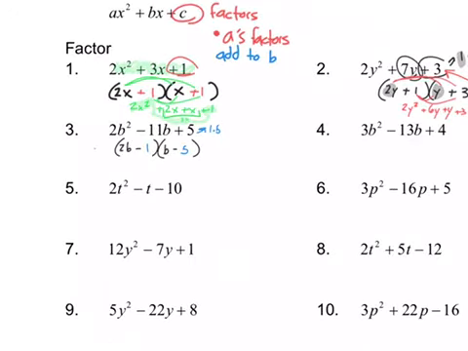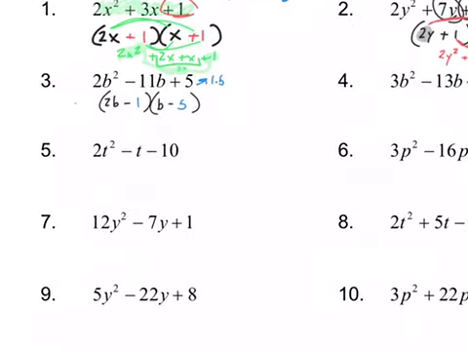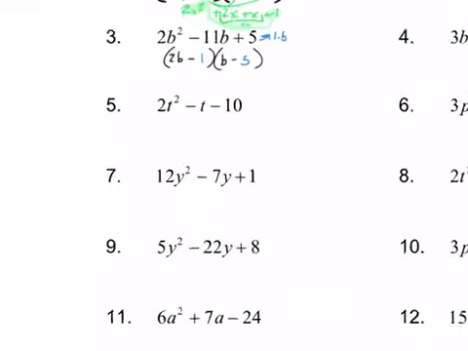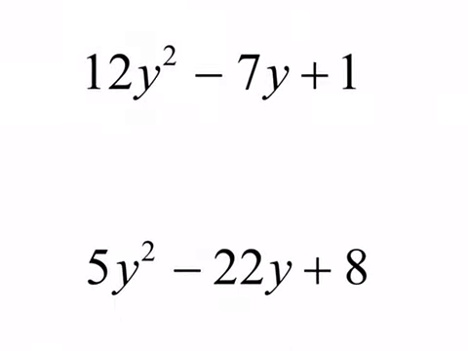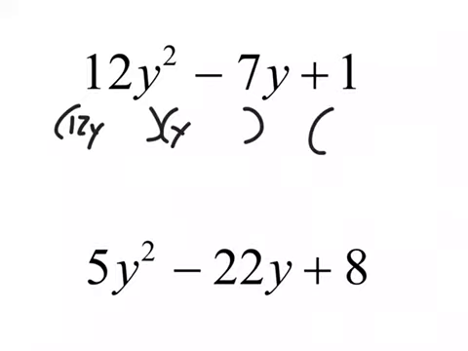Alright, now these are definitely a little bit more complicated than the ones on the other page. Especially when this first number has a couple different factors to it. Alright, and here's what I mean by that. Here's some potential setups here. This could be 12y and y. However, we don't know.